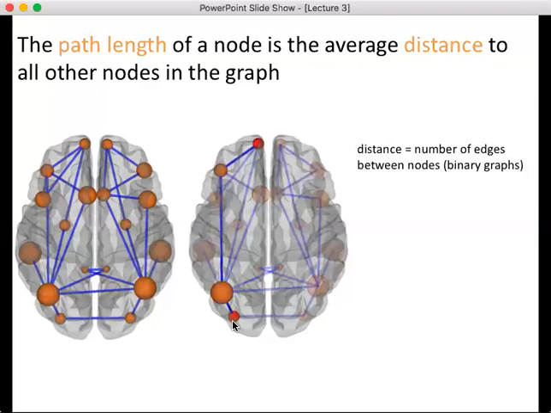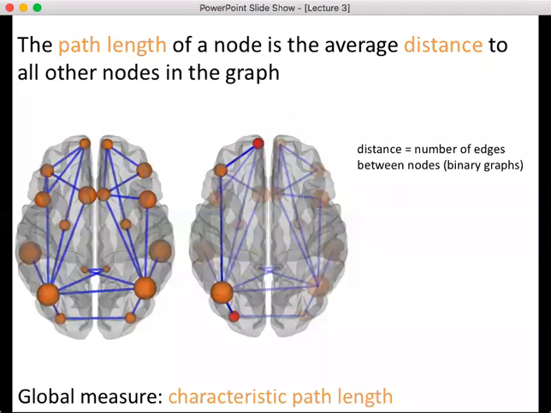In this case, the distance is 3, because the minimum number of edges that you need to travel to go from here to here is 3. Of course, you could, in principle, travel more edges. You could travel here, here, here, I don't know, and keep on going around. So you have longer paths. This is the minimum path between two nodes.